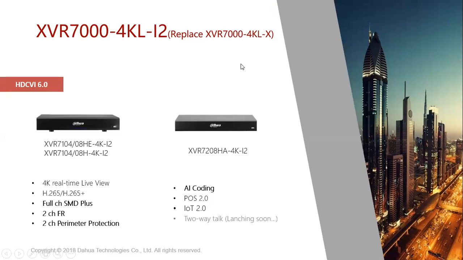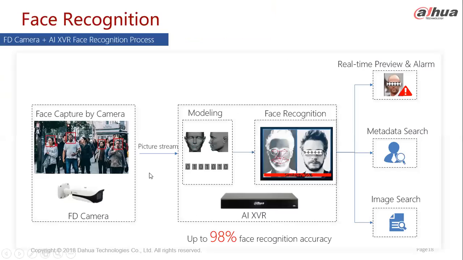Then the 7 series XVR. What happens if you want to do face recognition with an XVR? You can do that by having a face detection camera, either an IP camera or an analog camera. The pictures will be sent to the XVR, which will do the modeling and then the recognition, and the output will be produced from the XVR. The accuracy is up to 98%.